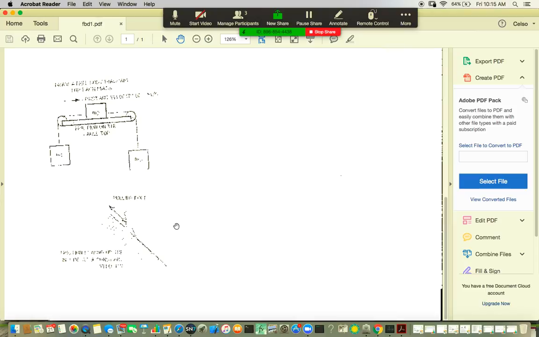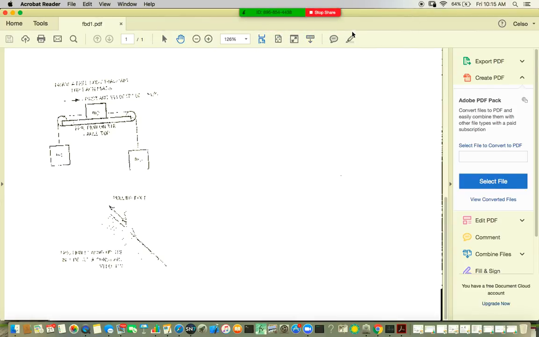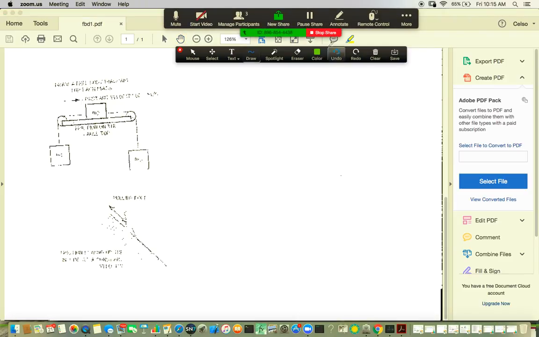So the next problem is kind of the same idea. You have somebody that is, there is a pulling rope and there is friction, but that person is being lifted.